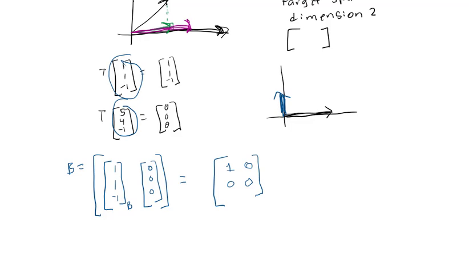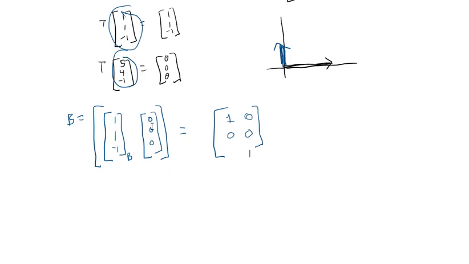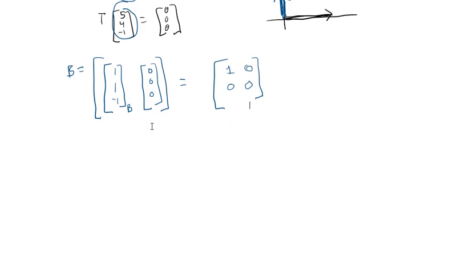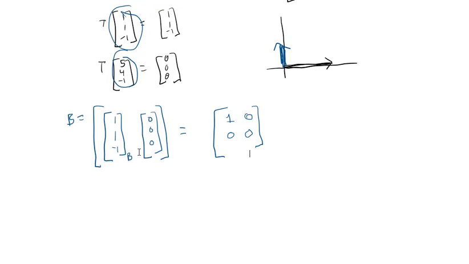So notice in this last step, I went through it a little quickly. Let me just explain again. Our basis that we were given was (1, 1, negative 1) and (5, negative 4, 1), and we wanted to find out what each of our transformations was in terms of those vectors.